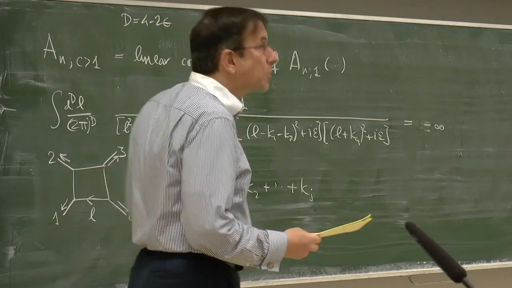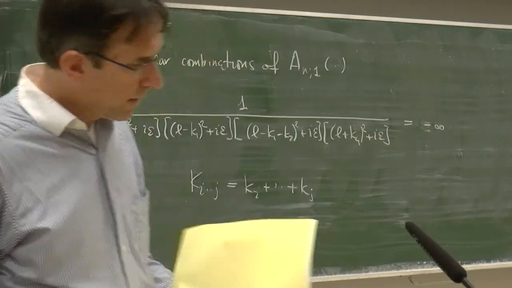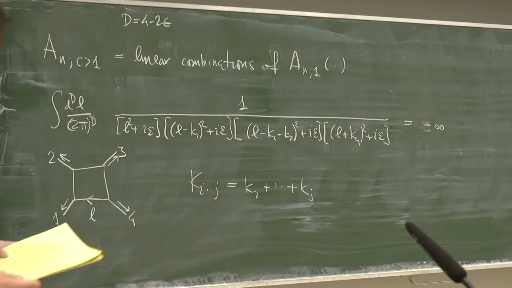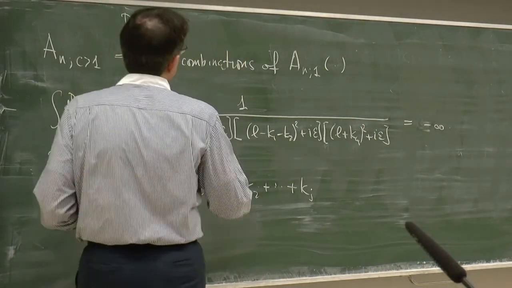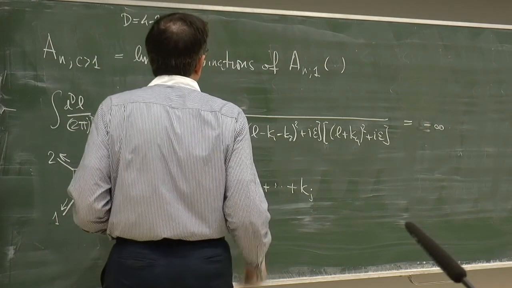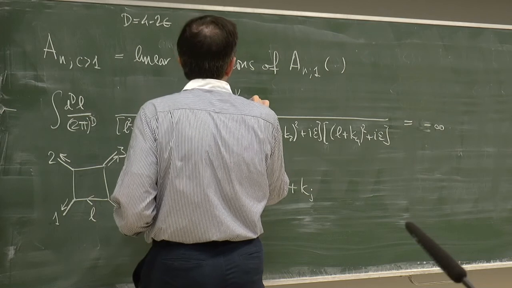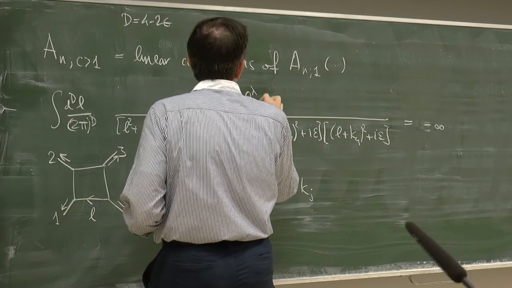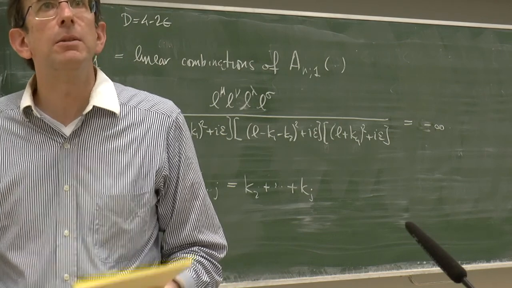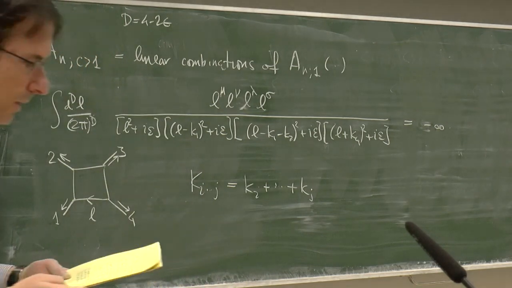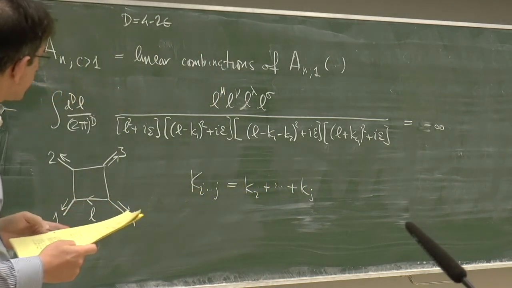And it also serves to regulate ultraviolet divergences, and it plays one more role that we'll come back and discuss later. If I put some powers of the loop momentum in the numerator, then this thing will have ultraviolet divergences, and the dimensional regulator will turn them into a pole in epsilon as well.